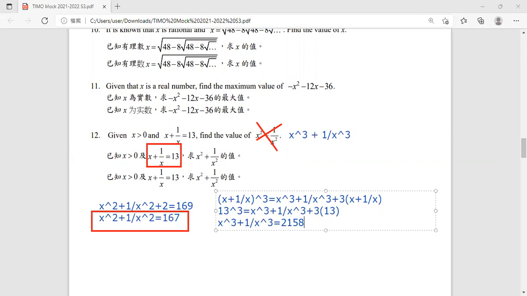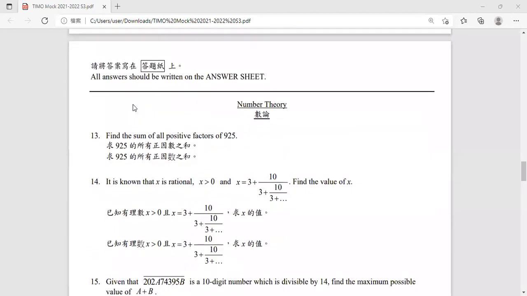How come 266? It's 166, not 266. Oh, yeah. Okay, good. The next question, 13.